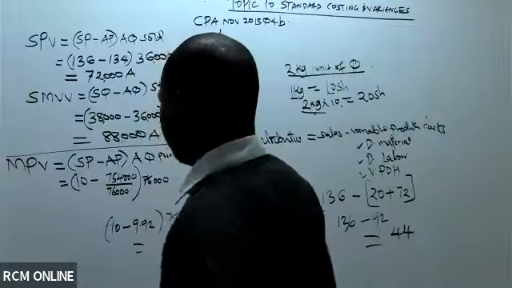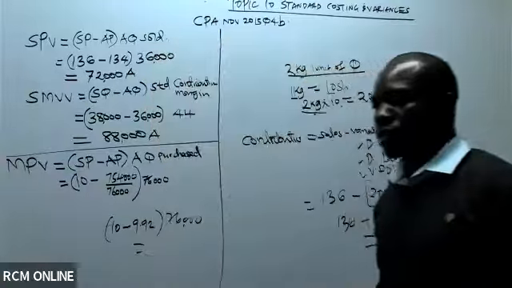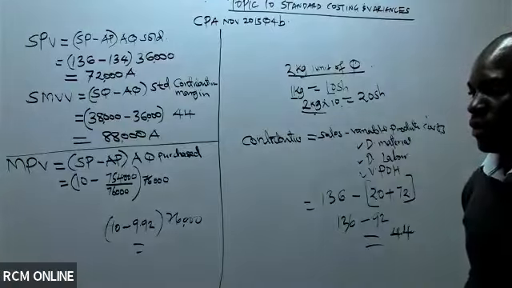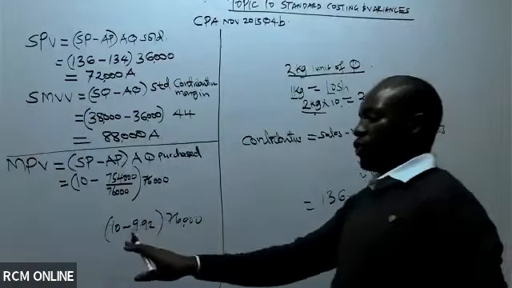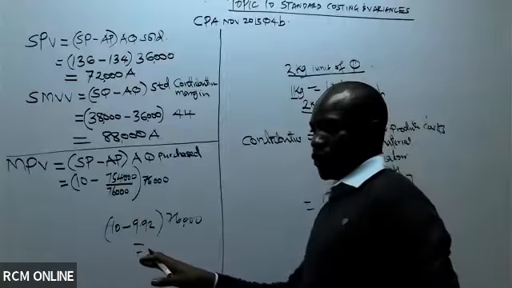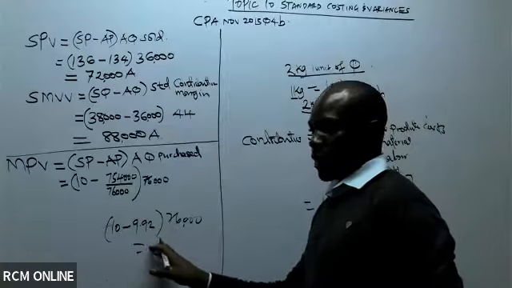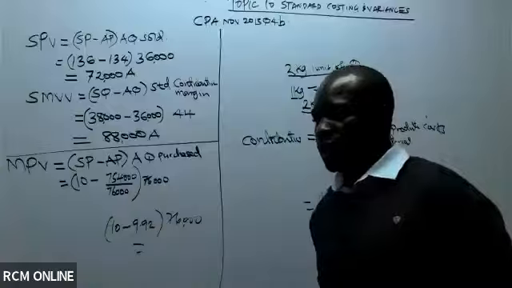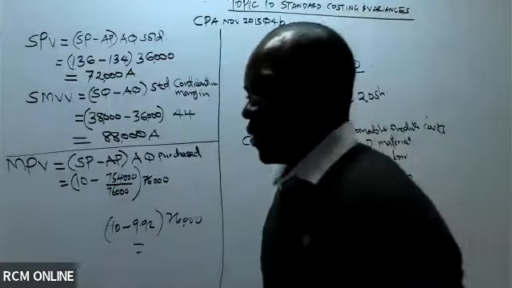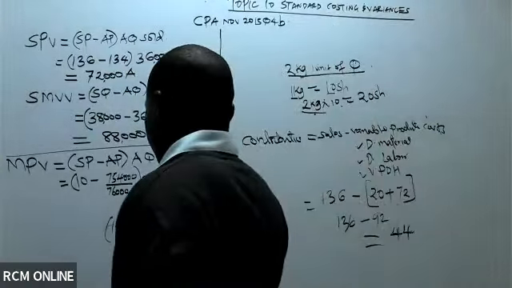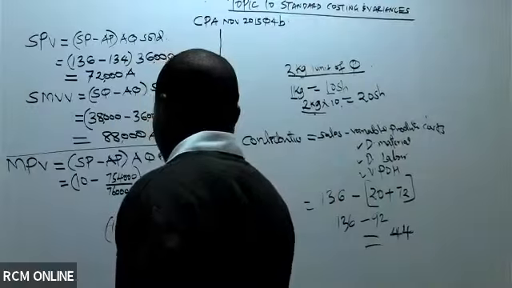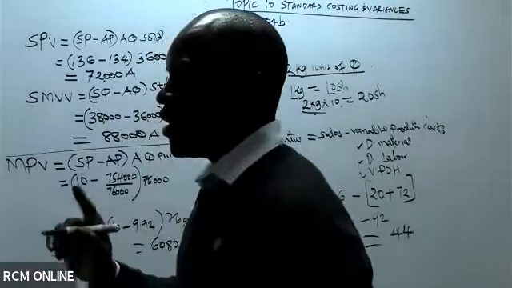Please give me the answer. I want the rounded off one because we are not going to get that 6,000. Close to 6,000, but 60, 80. That is someone who has rounded off.